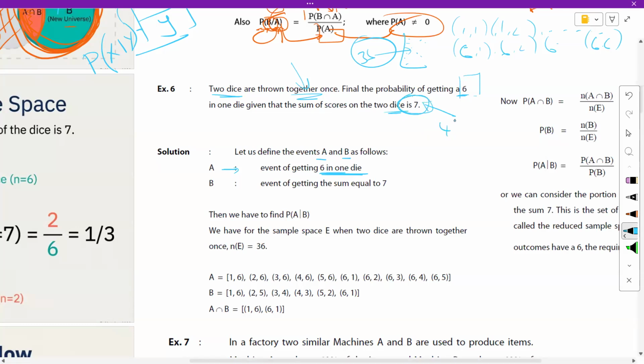For example, 4, 3, so equal to 7. 5, 2, 7, right? And 6, 1. Another way around, first 3 and 4, and 2, 5, 1, 6. These are the outcomes.